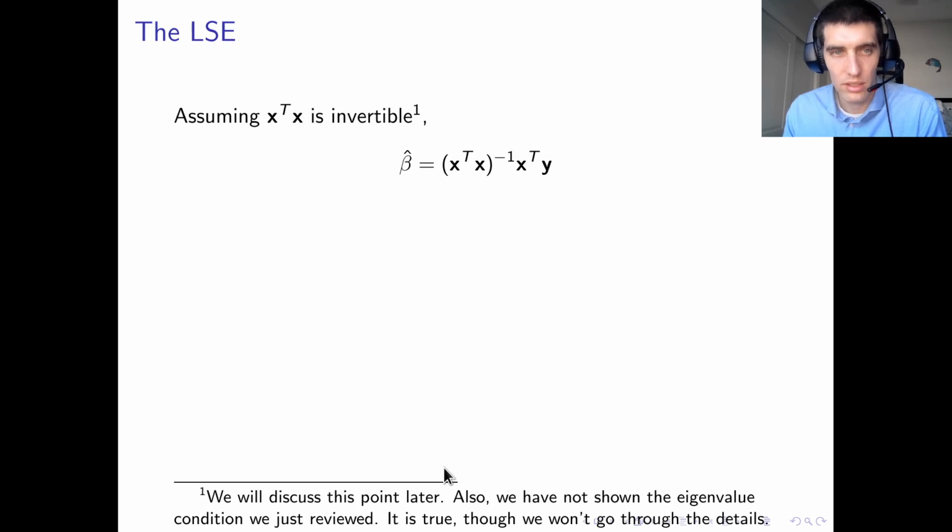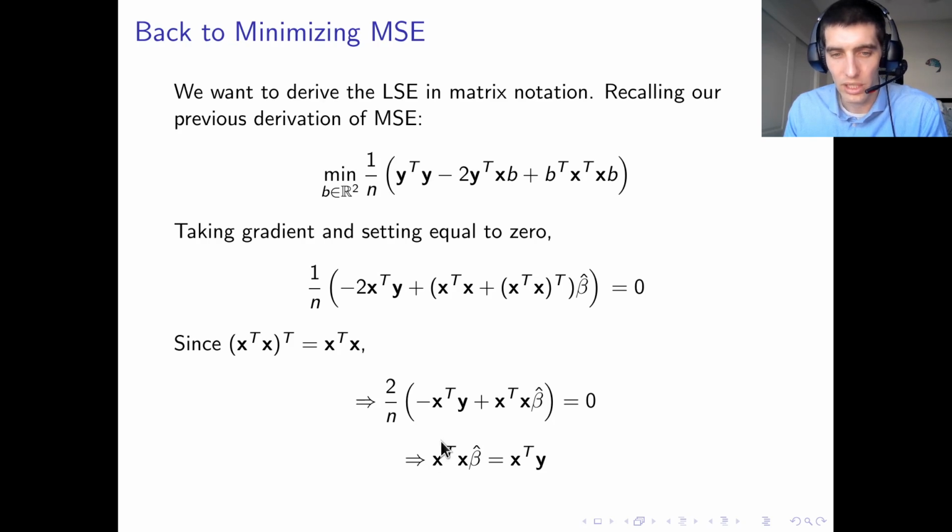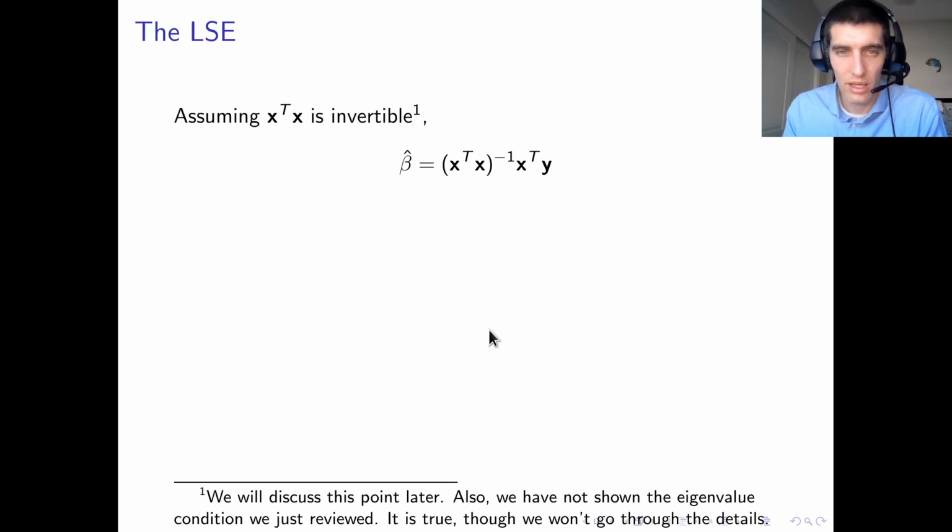Well, assuming that x transpose x is invertible, we can apply x transpose x inverse to both sides, cancel out the x transpose x on this side, and be left with beta hat is x transpose x inverse x transpose y. So this does assume that x transpose x is invertible.